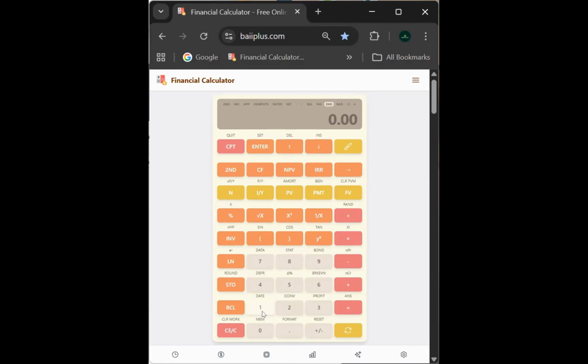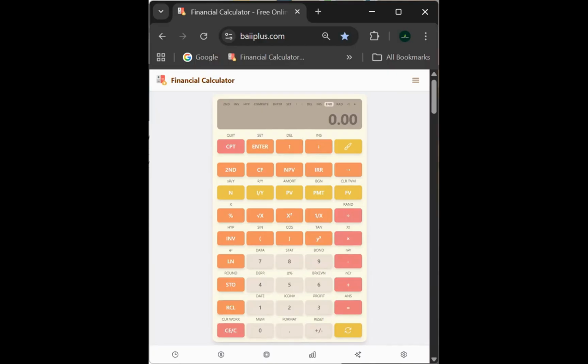First we will solve the denominator, 1.06. I'm going to inverse this and multiply it with $1,000. So this is going to give me 943.40.